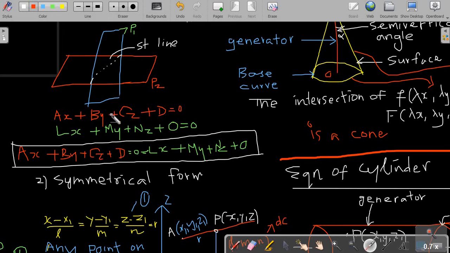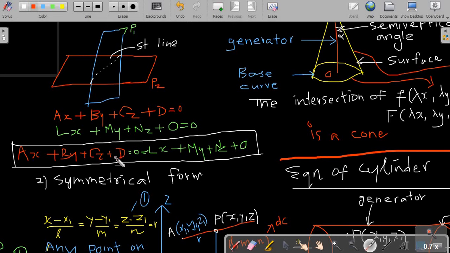As I said just before, the set of points which satisfies this particular equation will give you this red color plane. Similarly, the set of points x, y, z which satisfy the other equation will give you this plane, that is, the points on the surface of the geometrical figure.